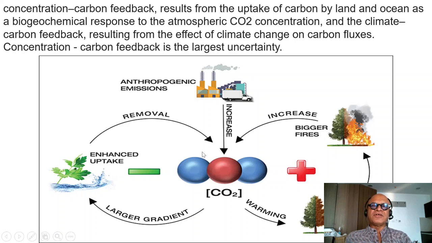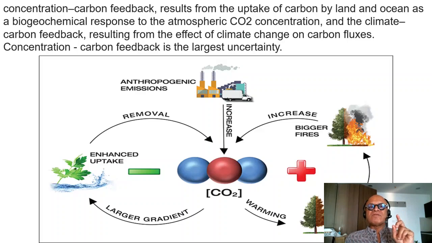Okay, there is a difference between them, even though they are intimately tied together. So the concentration carbon feedback basically results from uptake of carbon by land and ocean as a biogeochemical response to atmospheric CO2 concentration perturbation, which is what we are doing.